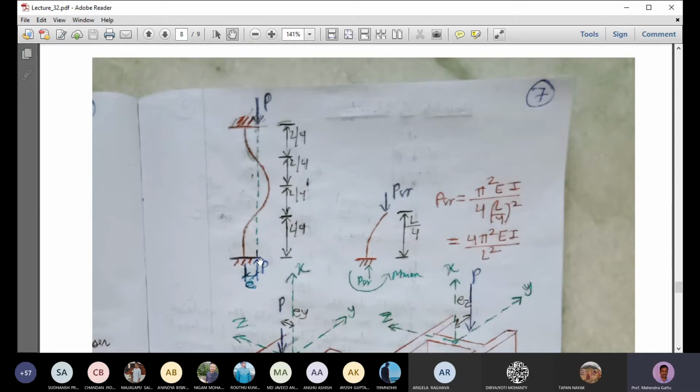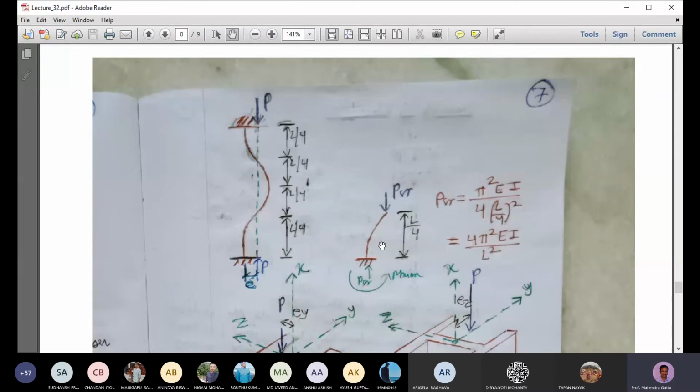So this P value, which is acting at eccentricity of e, is this critical load.